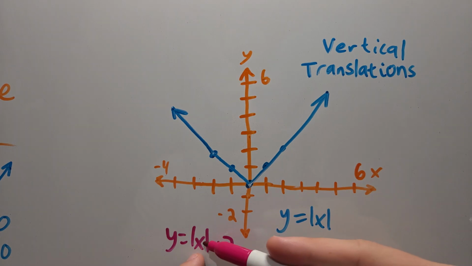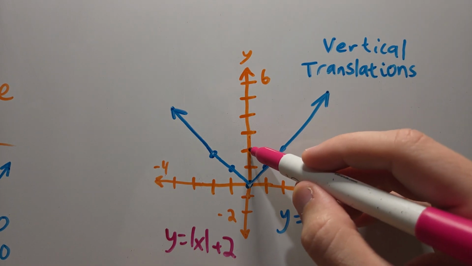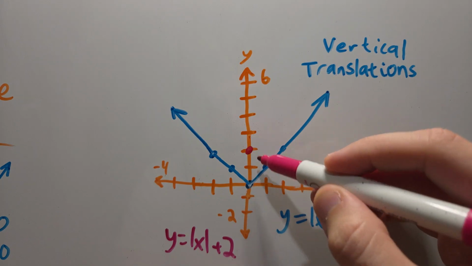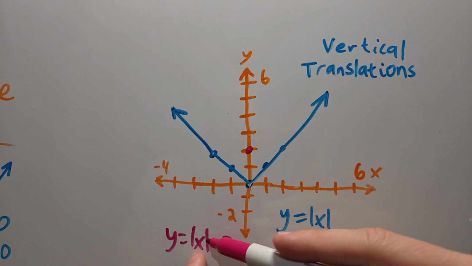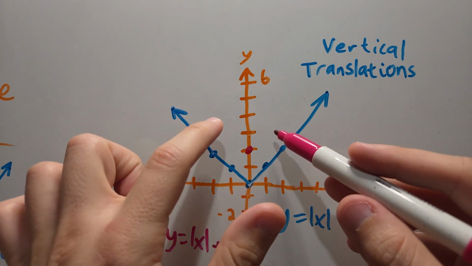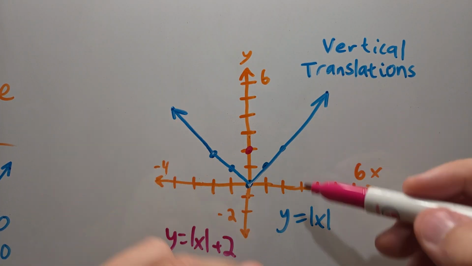So we're going to take the absolute value of our x value, so we'll start with 0. Absolute value of 0 is 0, add 2 to that, and you now have the new point 2 units higher. And essentially every value of x I plug in will be 2 units higher from its original graph.